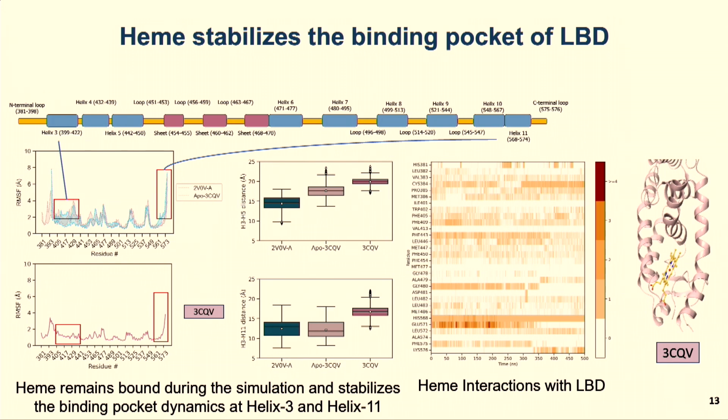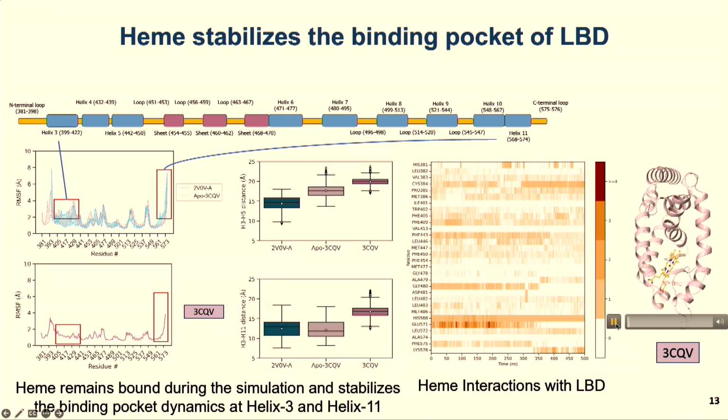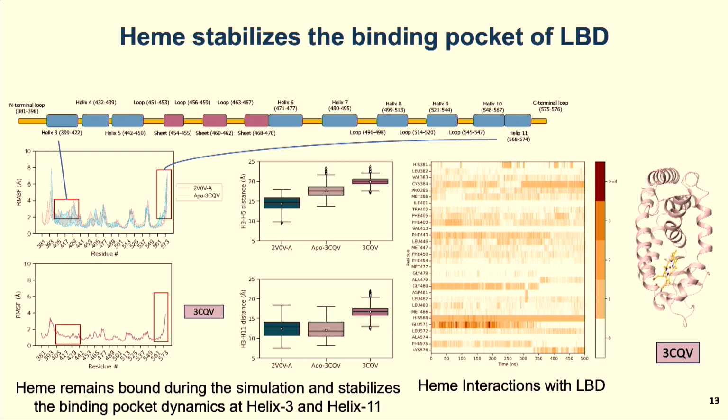All right. So then we wanted to understand why this is happening and what the role of heme is there. So he simulated this entire protein with heme in it. And what we found is that when heme is present, of course this helix does not come in, which essentially means that it is the heme, the bound ligand, which is holding this binding pocket in this open conformation.